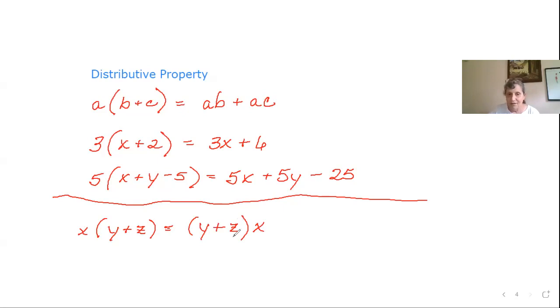Not as written. What changed? Well, the things that are in the parentheses did not change. It's an x times y plus z and a y plus z times x. What changed was the order of the x and the parentheses. Since order changed, this is a commutative property. The things that changed their order were the things that are multiplied.